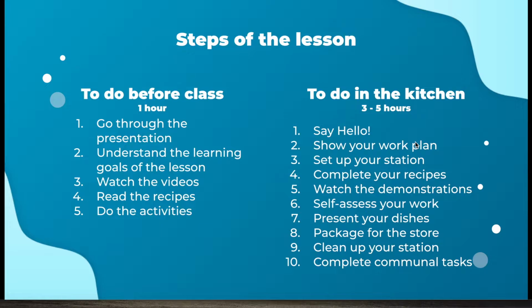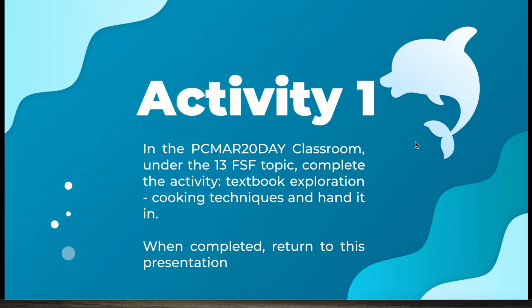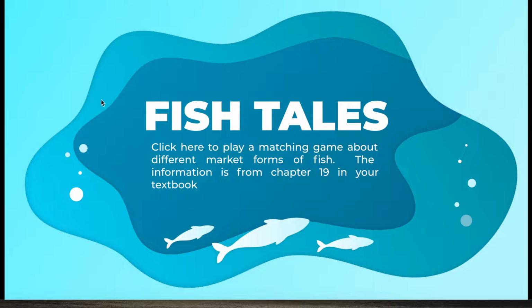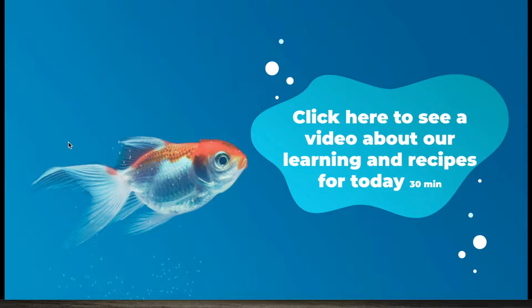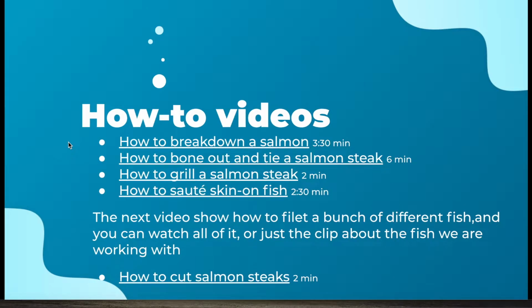So if you see here, we go through the steps in the lesson: what part is being done before the lab work, what part is being done afterwards, a little bit of the objectives, the activities are presented, some tidbits of information, there's some games in here, there's video on what's going on. There are things that have to be done in the learning management system, so in this case, because it's Google, it's Classroom.